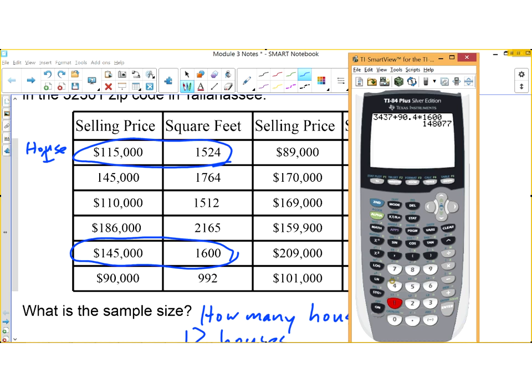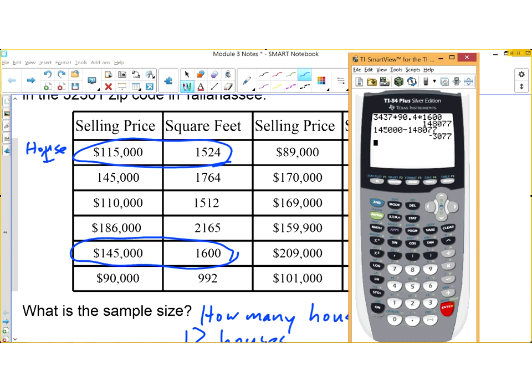Okay, but the actual selling price of the house was $145,000. So what I actually do to find the residual is take that $145,000 and subtract off the $148,000. It's okay to be a little more exact for the residual. And I get negative $3,077.